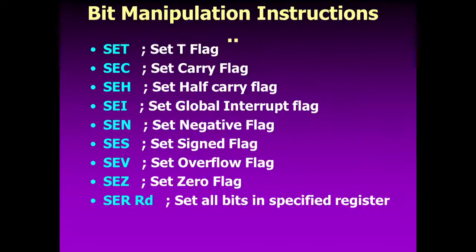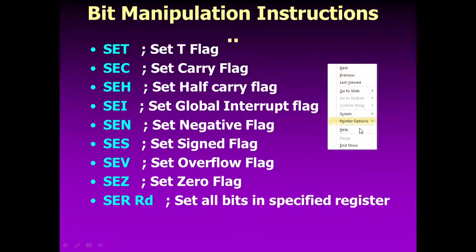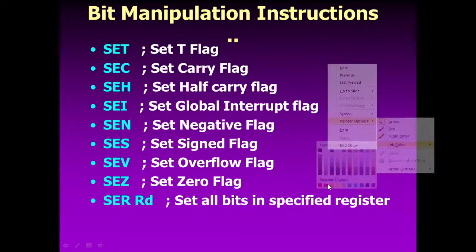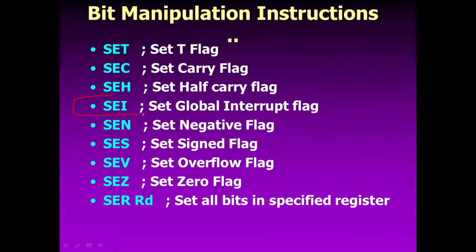Similar to these clear instructions, there are set instructions also available. Set instructions will set those corresponding flags. SET means it will set T flag. SEC means it will set carry flag. SEI means set global interrupt flag.